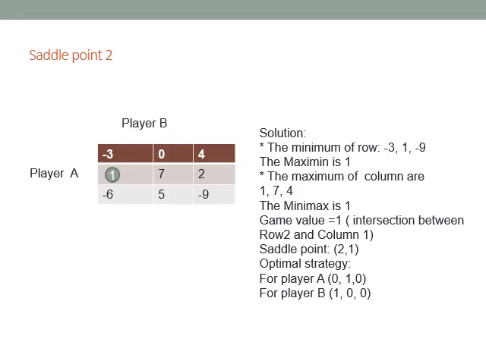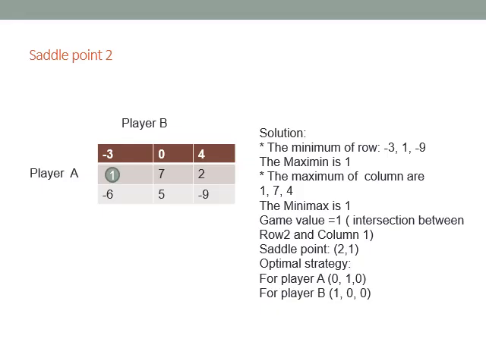So, this is known as the game value. The place of 1 is the intersection point between row 2 and column 1. So, look at the circle. The place of value 1 is the intersection point of row 2 and column 1 respectively.